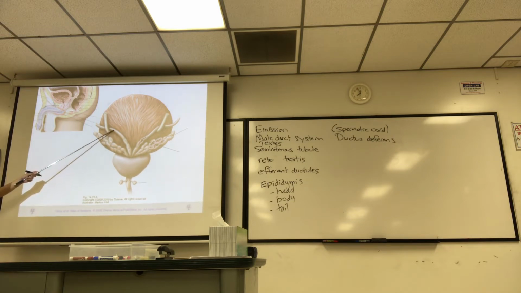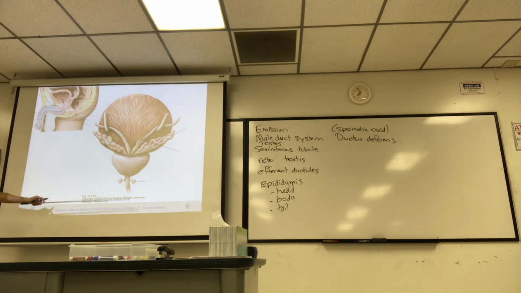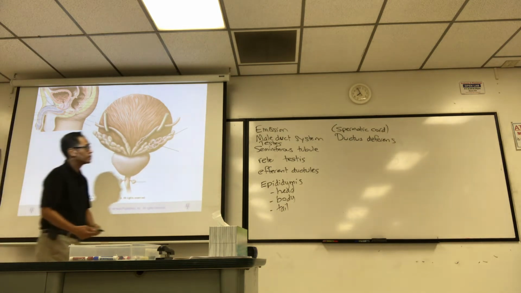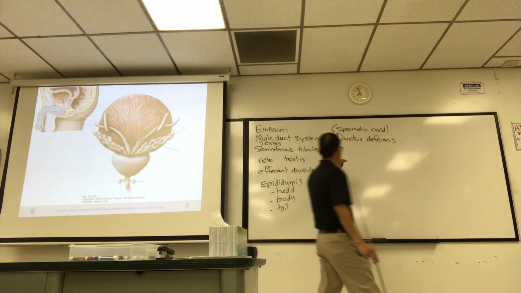Now, when you look at the bladder, this is a posterior view. You see a lot of things, but that's the ureter. That's where urine is transported into the bladder. But this is the ductus deferens going over that. And this part here where it gets widened, that's called the ampulla of ductus deferens. Put that in here, the end of it.